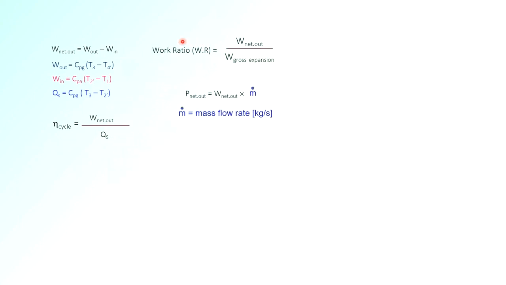Work ratio is another term, defined as net work out over gross work of expansion. Later in the problem-solving examples, I will teach you how to find this gross work of expansion. If you want to find the net power output, usually you take net work out times mass flow rate, which is in kg per second. Okay, thank you.